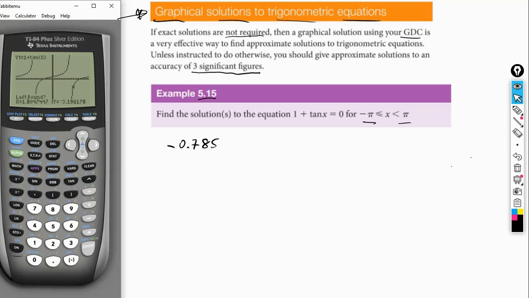So that's going to be the left bound, enter, right bound, we have to go above that intercept, enter, guess, and there it is. We would then have that x is equal to negative 0.785 and 2.36, rounded to three significant figures.